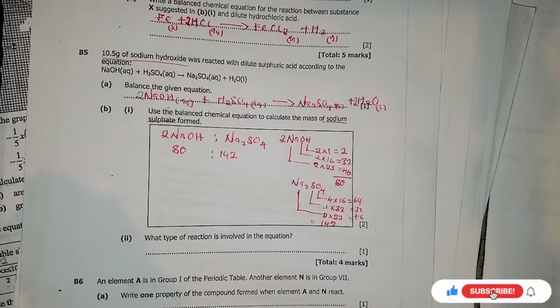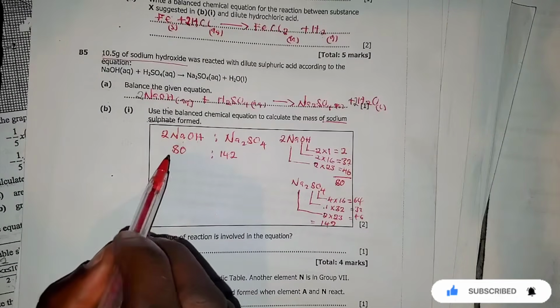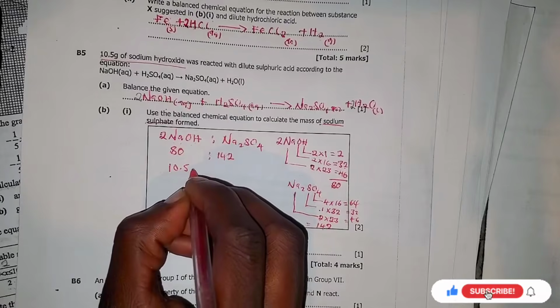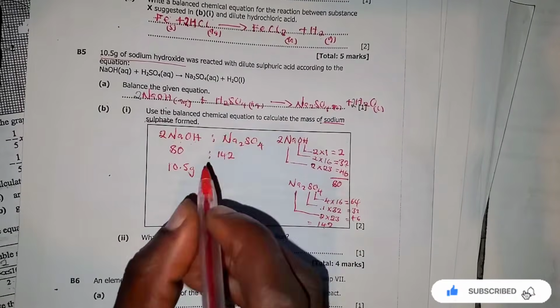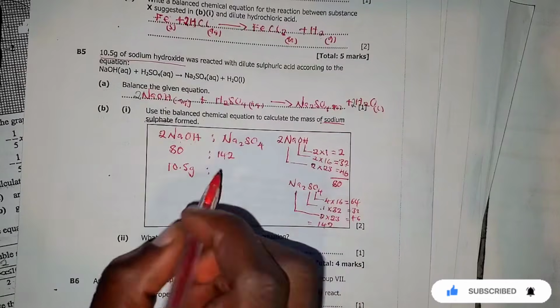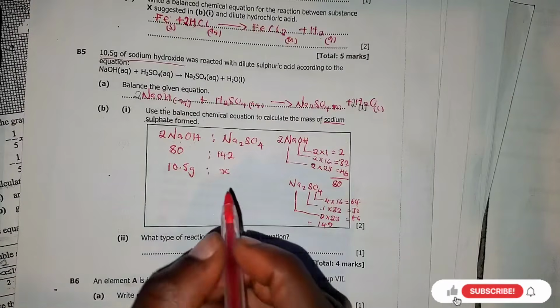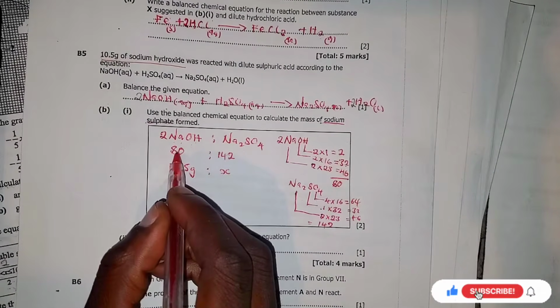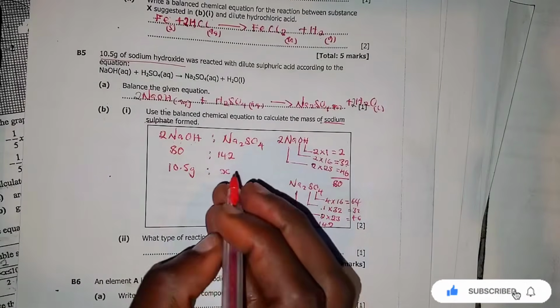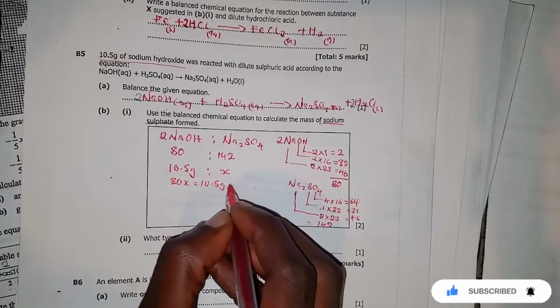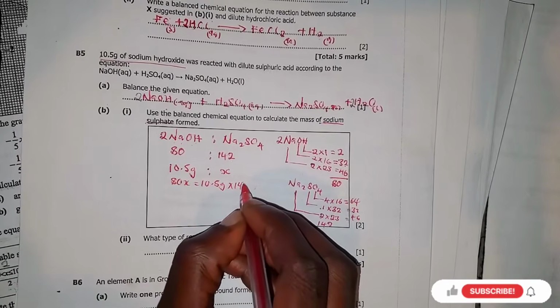Listen very carefully. Here, you ask yourself, what mass of sodium hydroxide are we given? They're given 10.5 grams. Then what mass of sodium sulfate, we don't know, is the one we are calculating. Then we cross multiply: 80x is equal to 10.5 grams multiplied by 142.